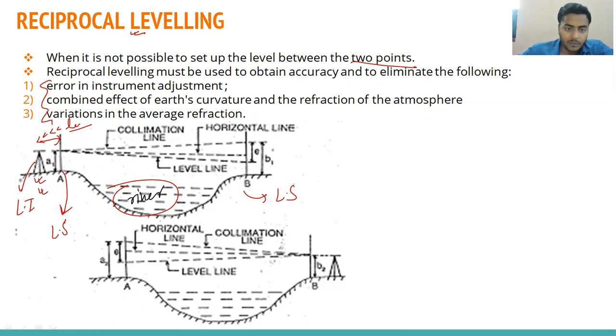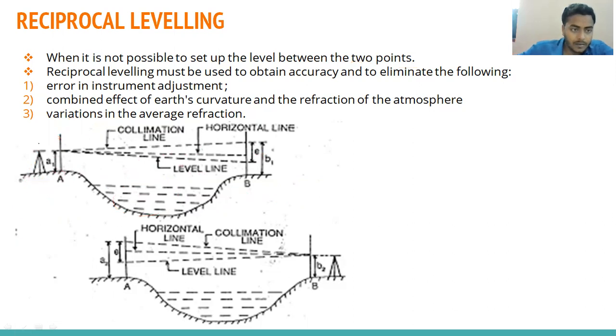But when we keep the staff on B side, we are getting an error by E. That error is shown by E in this figure. Because the distance between the instrument and the leveling staff at B is much greater than at A. Like in this case, you can see this distance, and here you can see this distance.